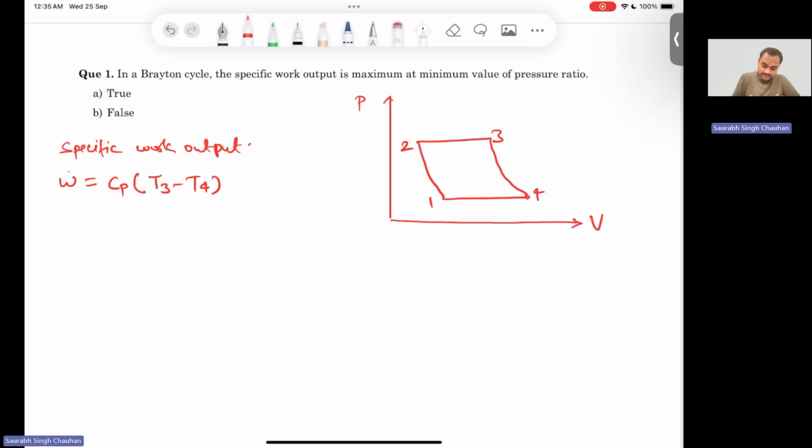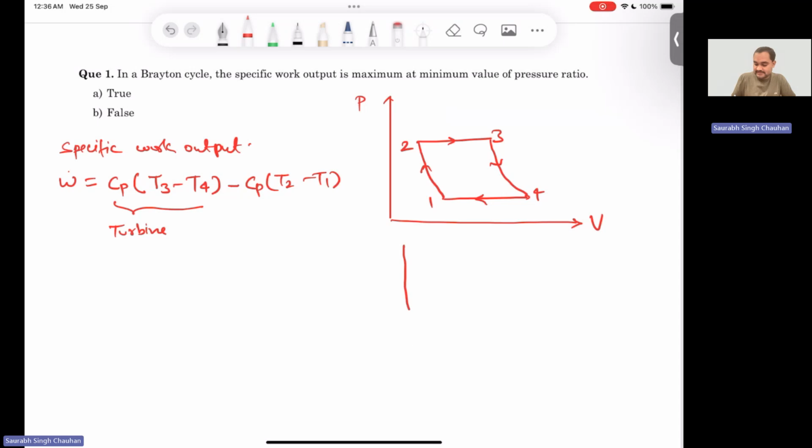This is turbine work, but there is also some work consumed by the compressor, right? So you'll have to subtract that work. The compressor work is Cp (T2 minus T1).